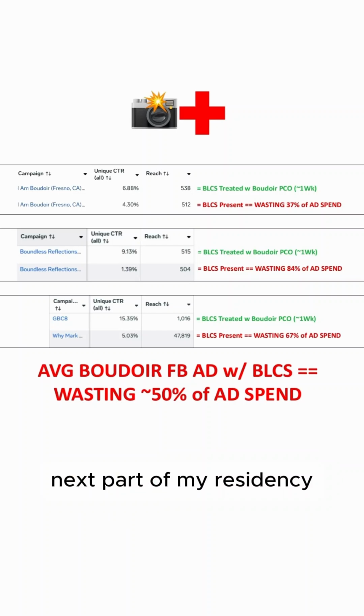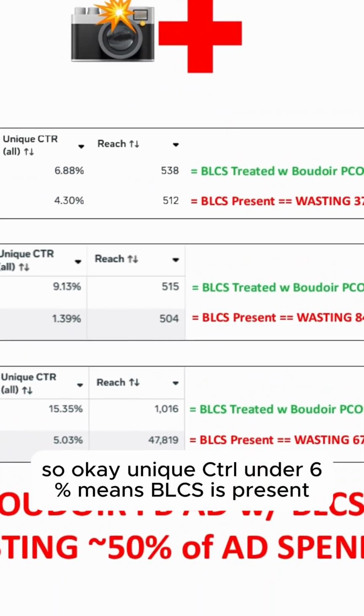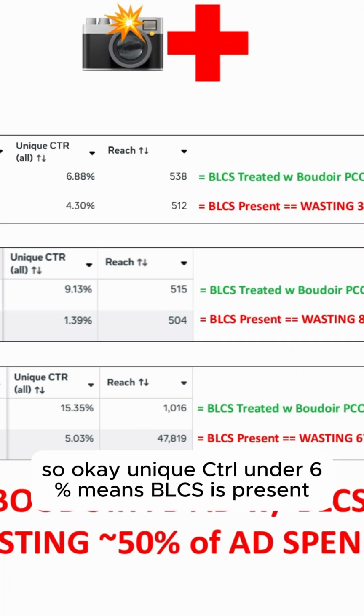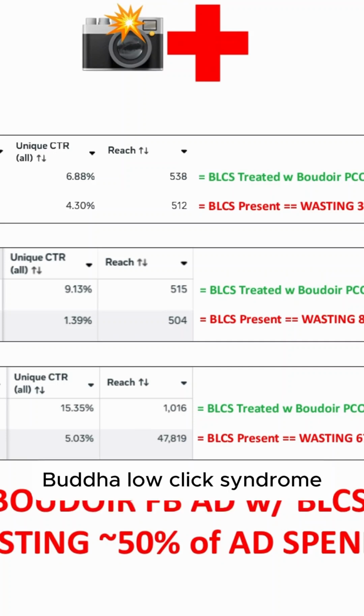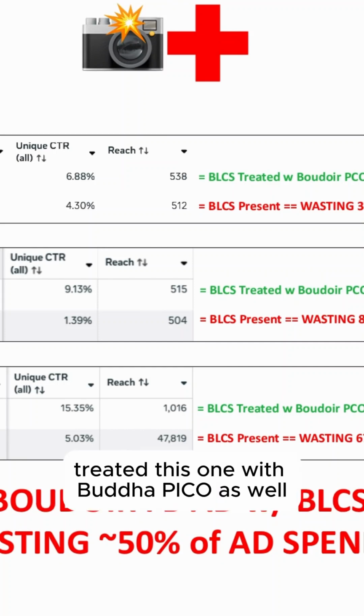Next, I found a second one, tested it, and found its unique CTR all was 1.39%. So, unique CTR all under 6% means BLCS is present, Boudoir low click syndrome. We treated this one with Boudoir Pico as well.